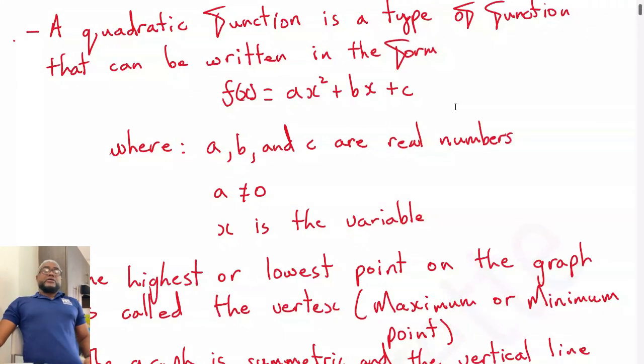So a quadratic function is a type of function that can be written in the form f of x is equal to ax squared plus bx plus c. Raise your hand if you never saw a quadratic before, if this is the first time you see ax squared plus bx plus c.